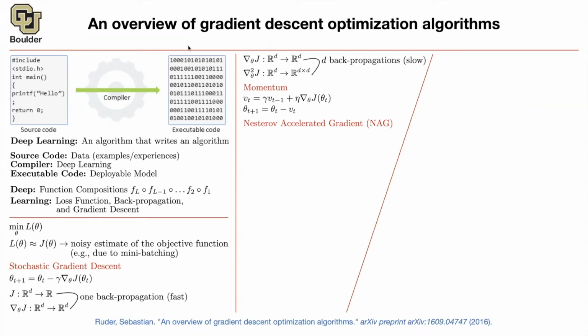The idea is that rather than taking your derivative at the current position, look ahead before you make your decision, before you commit. What do I mean by look ahead? Forget about this part. You have theta_{t+1} = theta_t - gamma v_{t-1}.